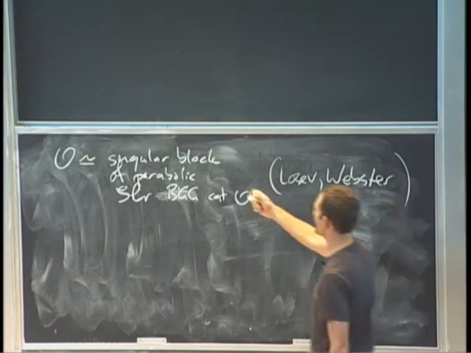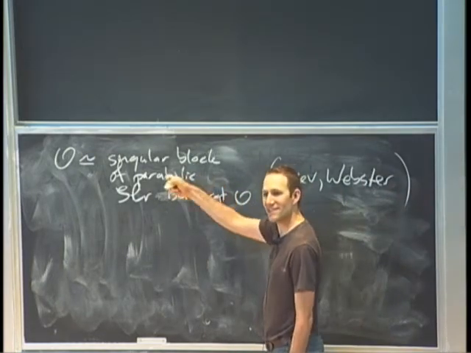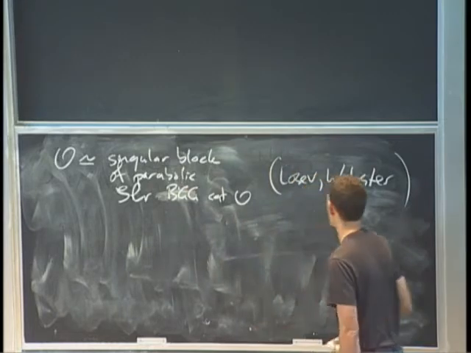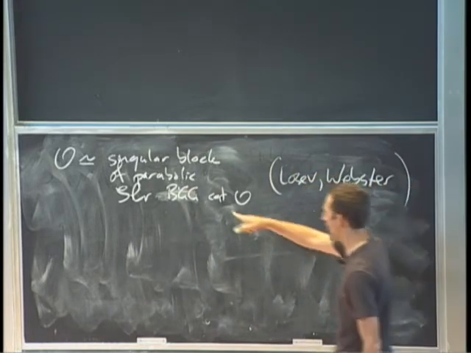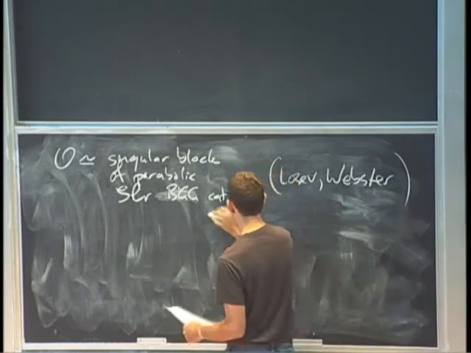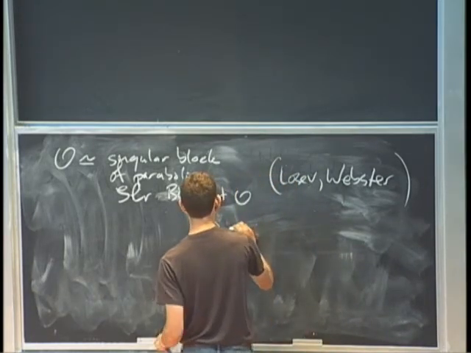But the point is that these were objects that people knew and thought about before all this geometric category O stuff. And the fact that this category is Koszul is also in BGS.